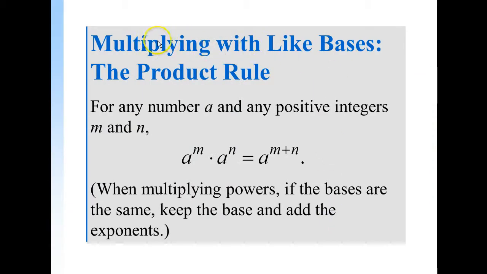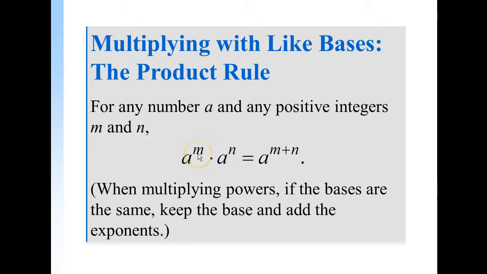Okay, now when we are multiplying and our exponents have the same base, here the base is A, here the base is A, and we're multiplying. Well, what do we do? Interestingly, all we have to do is add the exponents.